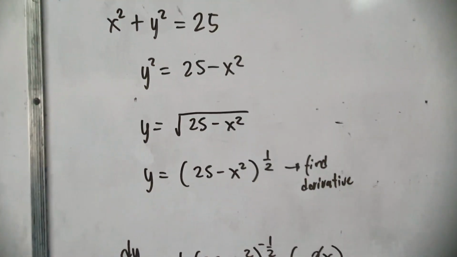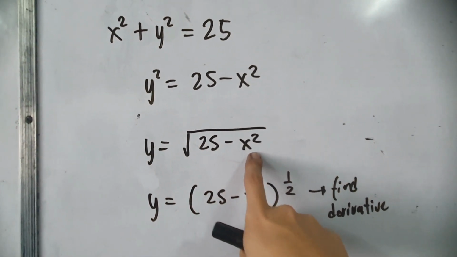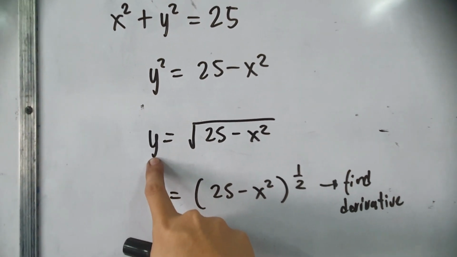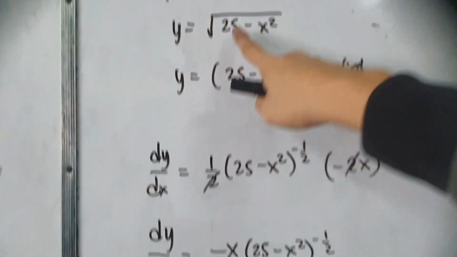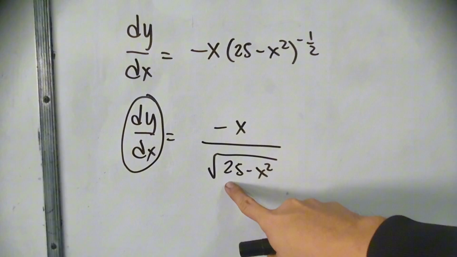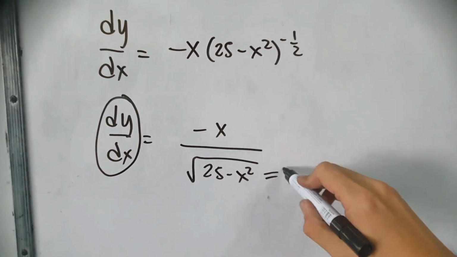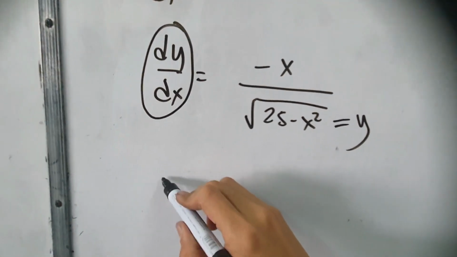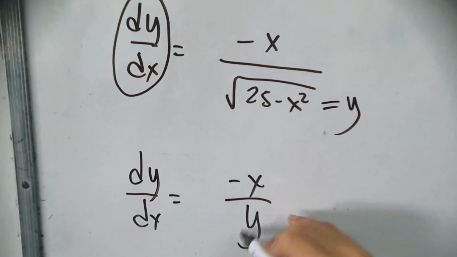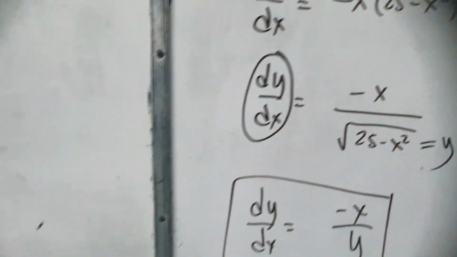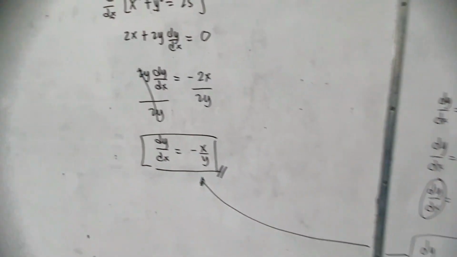Remember that the square root of 25 minus x squared is equivalent to y. Therefore, this could be written as dy over dx as negative x over y. And that is the same as our answer in the implicit solution.